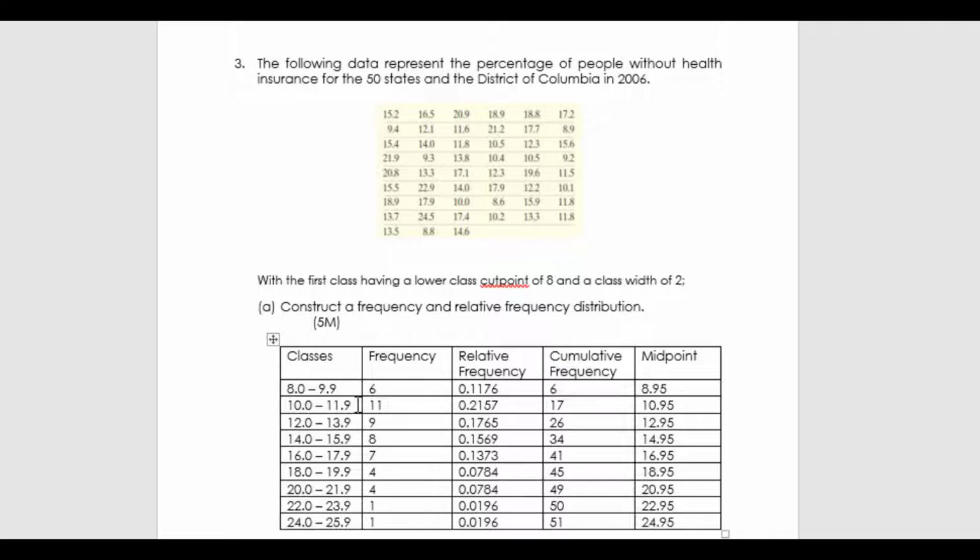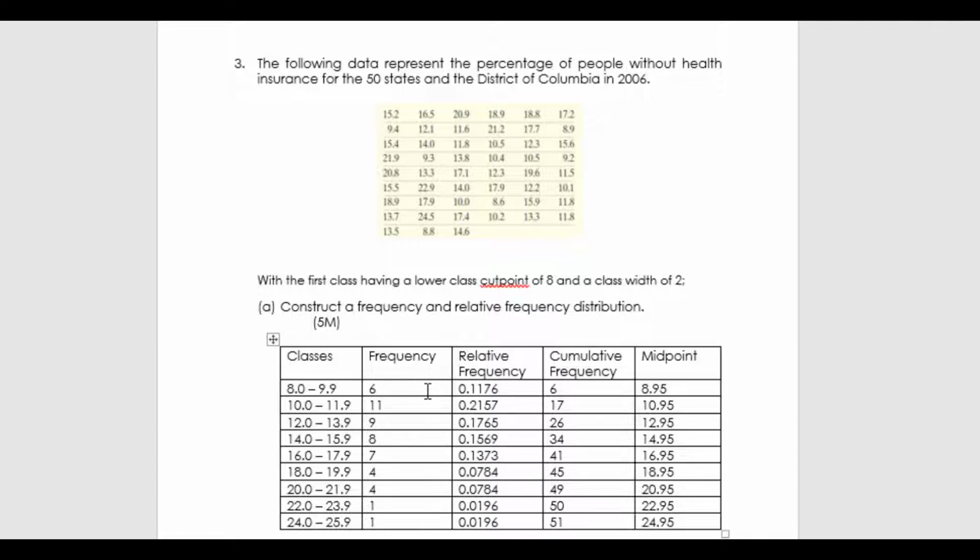So in this case, 11.9 minus 9.9 equals to 2.0. And same for the lower class. So if the lower class minus the lower class before it equals to 2, then the class has a class width of 2. So next is the frequency.